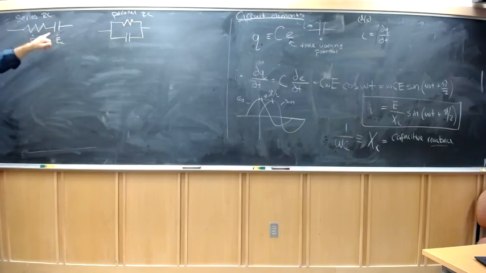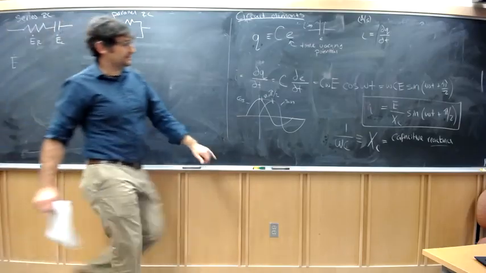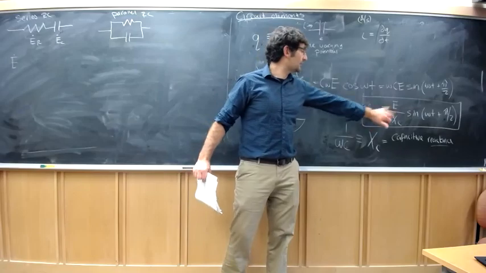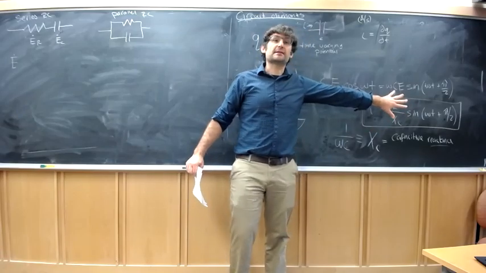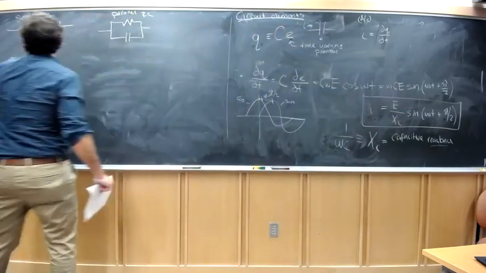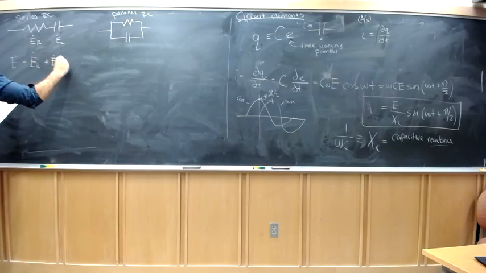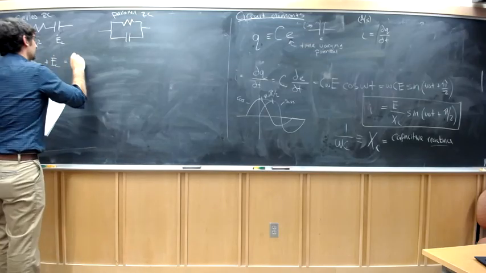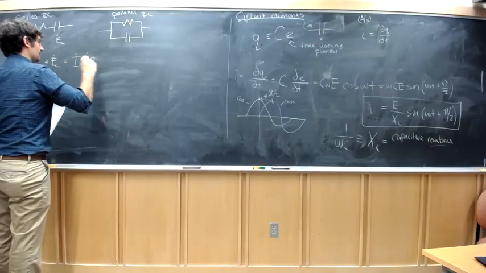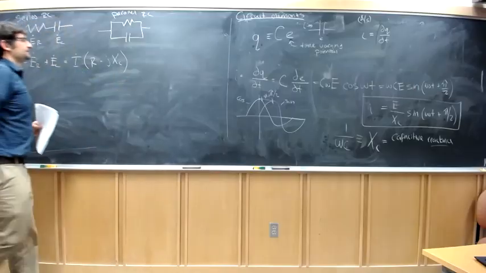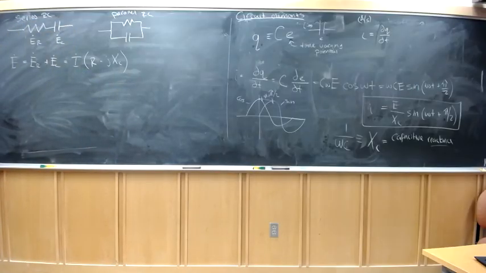And the capacitor, we derived it. It's this. So we could calculate, for a given current, how much is dropping across the capacitor, and we could calculate how much drops across the resistor. And we can write that as E_R plus E_C equals I times R minus j X_C.